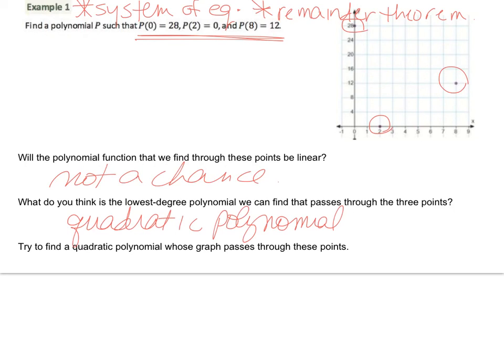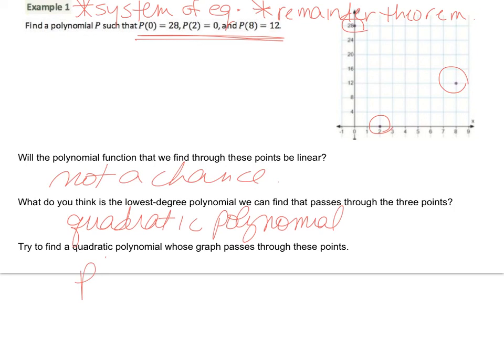Okay, I'm given 3 points, so it appears we could fit a quadratic polynomial to these points. Okay, so we're going to try to find a quadratic polynomial whose graph passes through these points. That's what we're going to work through.